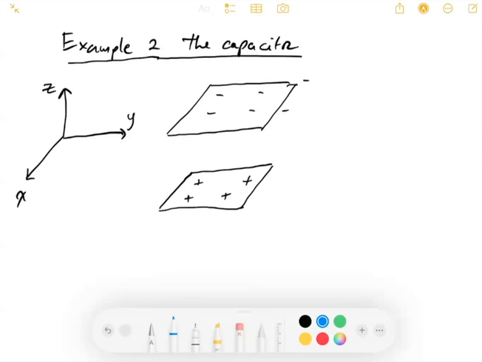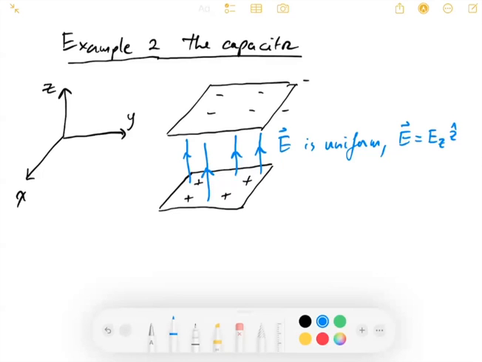Now, this is the electric field. Again, we're assuming that it's uniform and it's in the Z direction only. E is uniform, so E is E_z, z hat, if you want to write it this way.